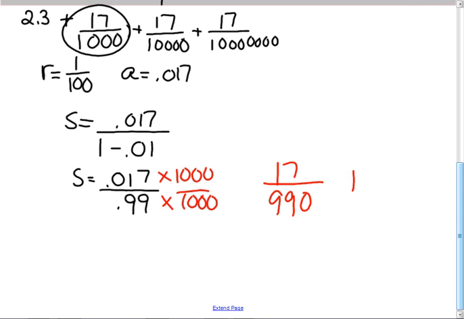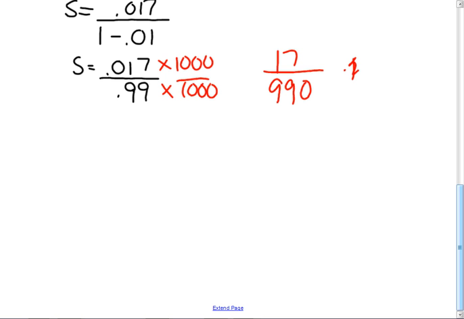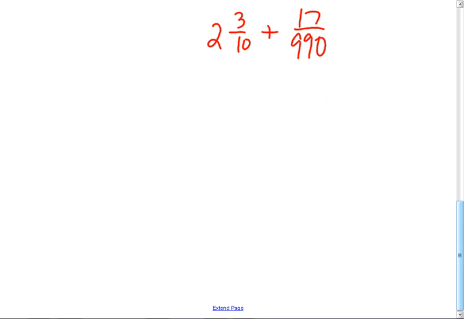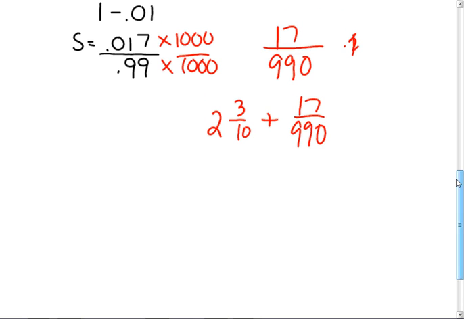So my answer is going to be 2.3, so it's 2 3/10 plus 17 over 990. Do you think I care if you can add that up? No. Your Inspire calculator will do it for you. I'll give you a simplified answer. Well, I would multiply the first fraction by 99, right, if you want to do it.